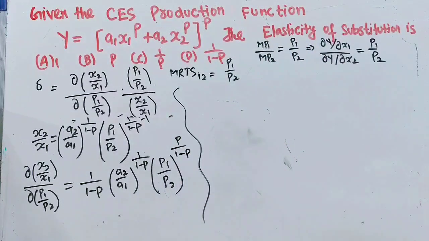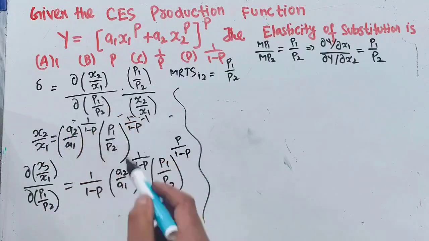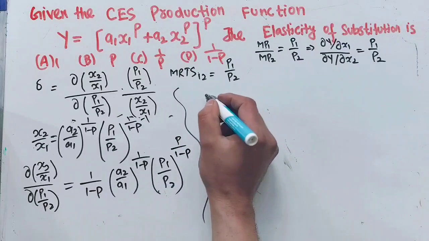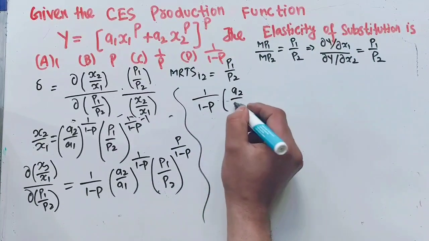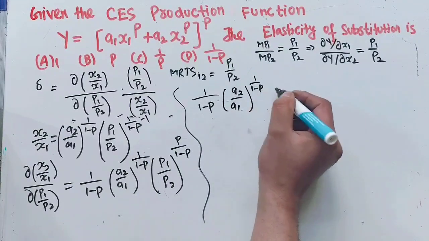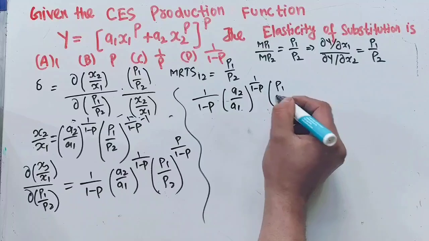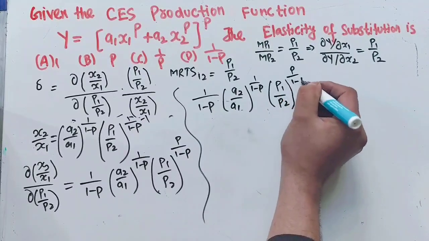Now use the elasticity formula. So d(x2 upon x1) divided by d(p1 upon p2) came out to be this term, that is 1 divided by 1 minus p, (a2 divided by a1) whole raised power 1 divided by 1 minus p, (p1 upon p2) whole raised power p divided by 1 minus p.